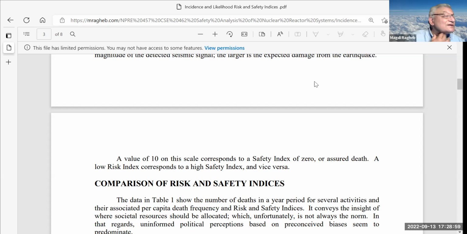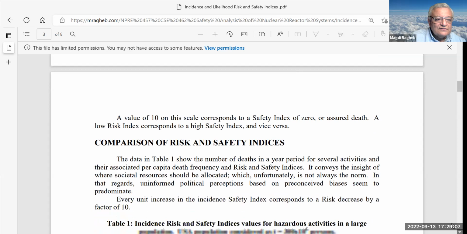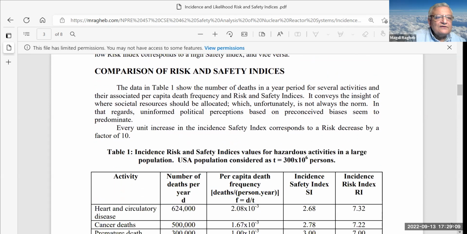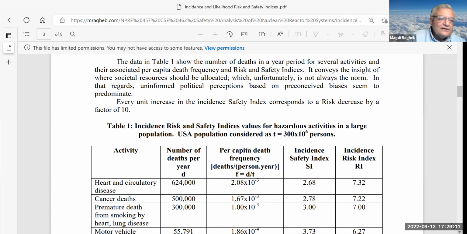So in that case, you can look at the level of safety or we can look at the level of risk. Let us compare the risk and safety indices, and by applying it to an example in the United States, we have a population. Let's assume that we have a population of 300 million people.